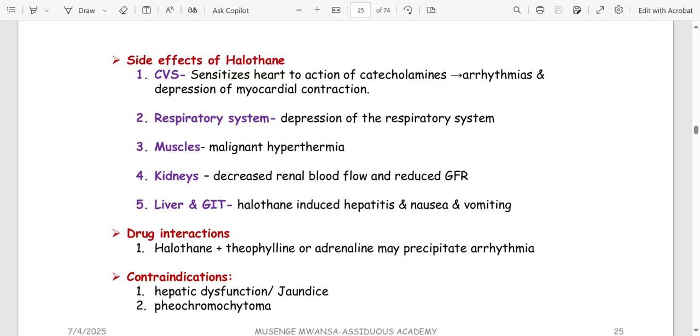There are some drug interactions. Halothane can interact with theophylline. You will understand this drug as we get to discuss the treatment of these respiratory conditions. Okay, like when we'll be discussing the treatment of which condition is that?